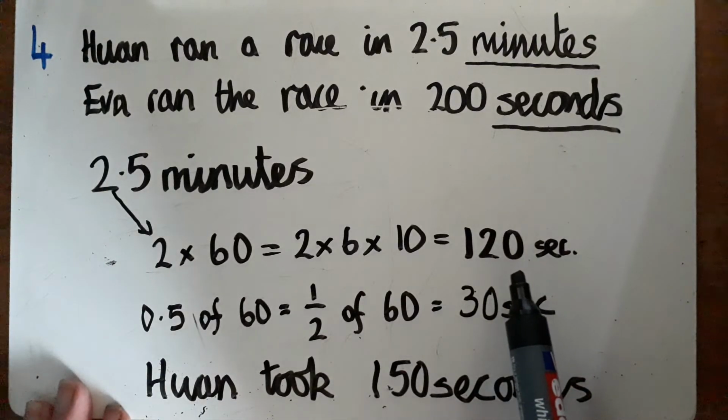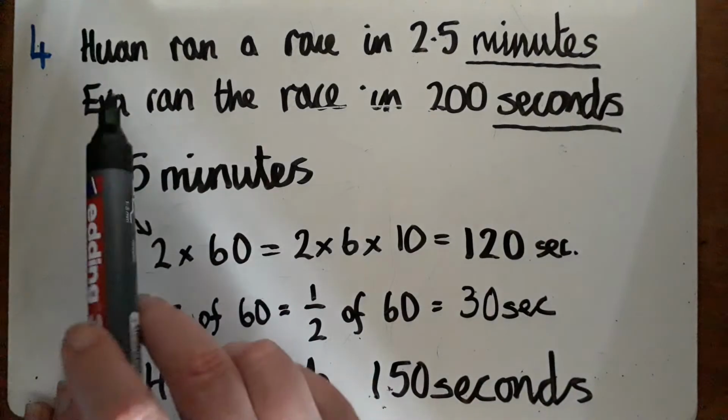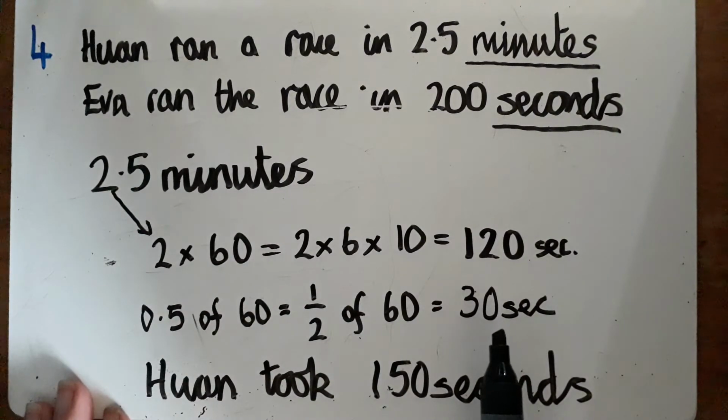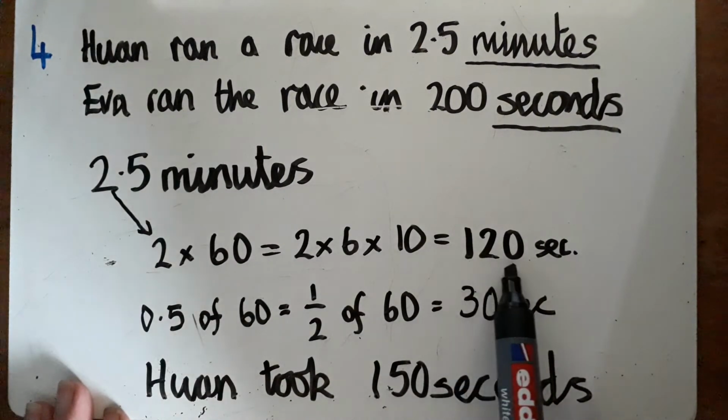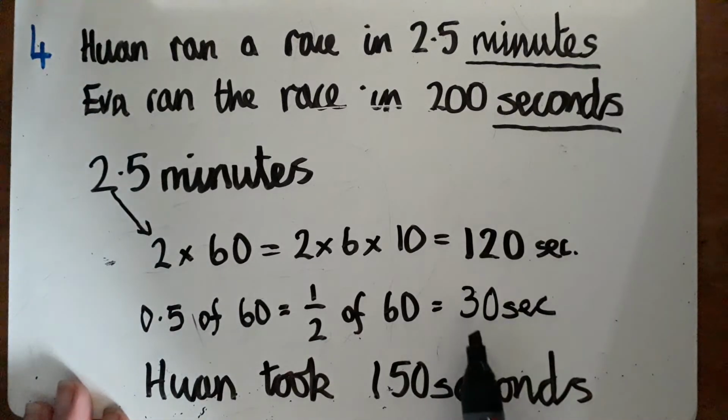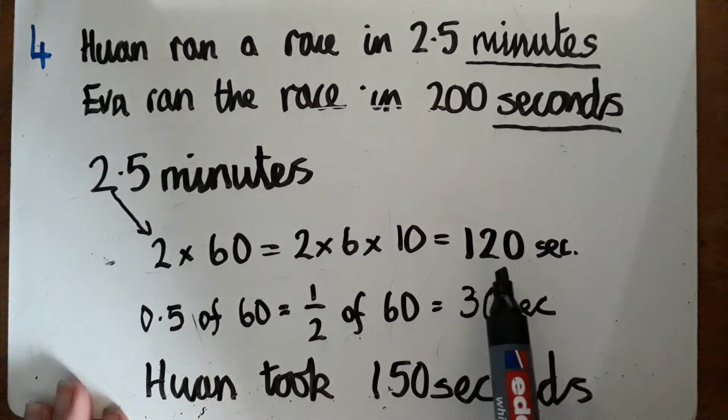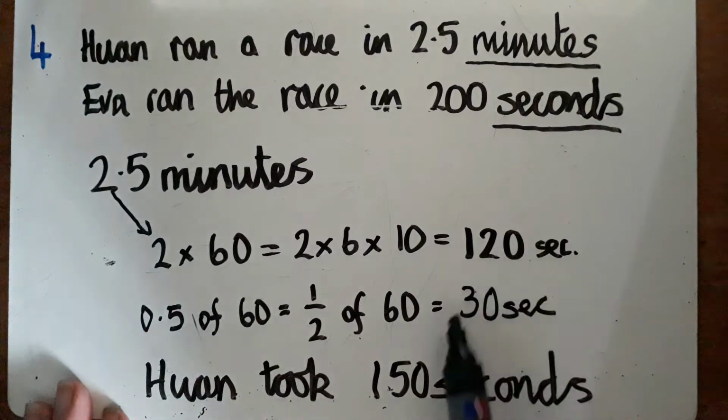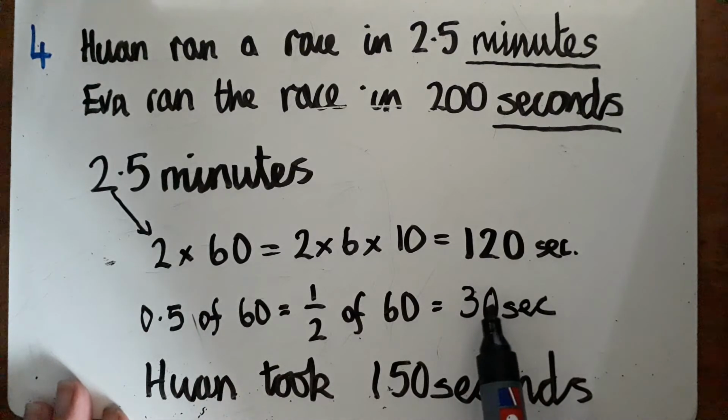So now what I need to do to work out how fast Juan was is add them up. So I've got 120 seconds plus 30 seconds. Hopefully most of you should be able to see that in your heads.